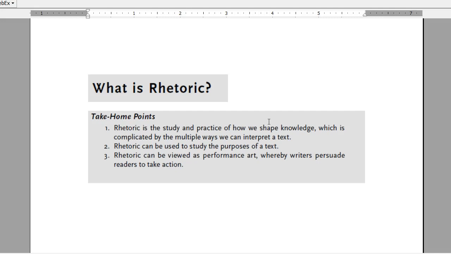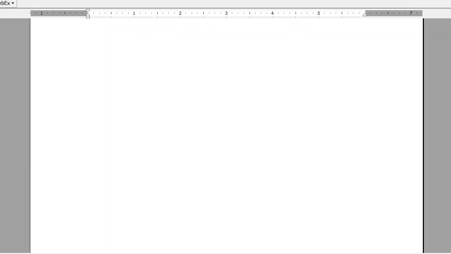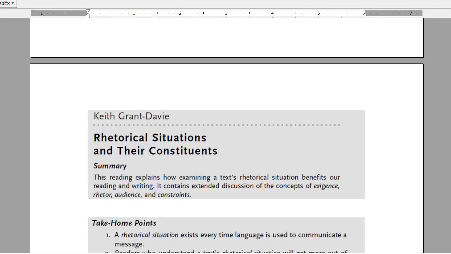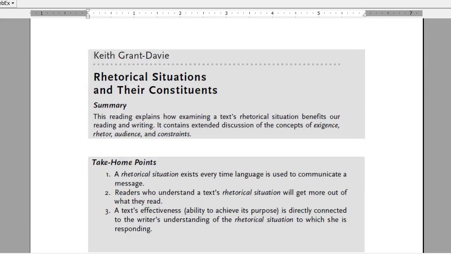So keep these things in mind, and also be aware that rhetorical situation is its own concept. So there's rhetoric. We've talked about definitions of rhetoric. And again, the most simple definition of rhetoric is using words to communicate with or persuade your audience.